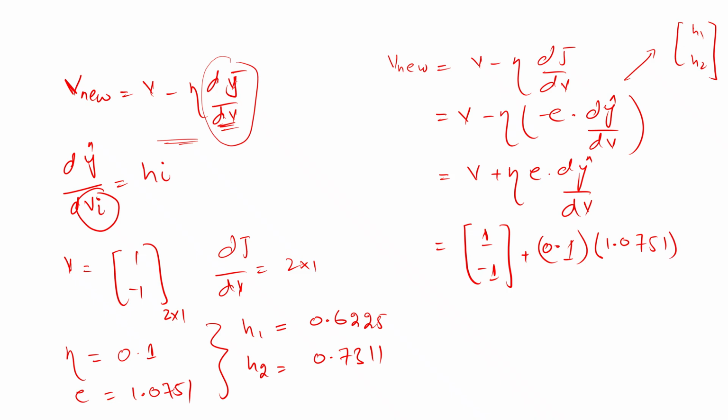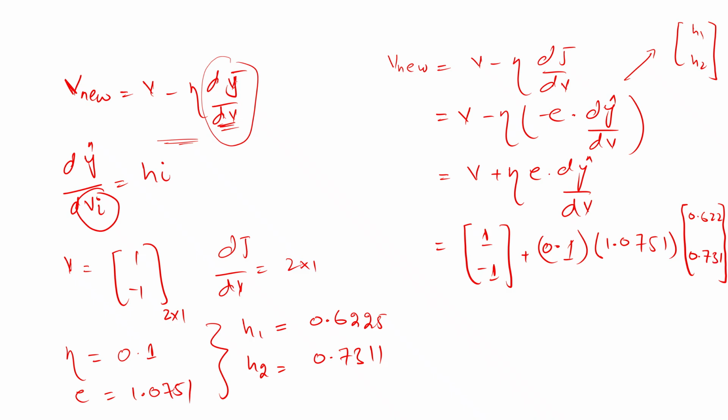1.0751, and then we have this vector of h1 and h2, which is 0.623, I will write it up to 3 decimal places, so 0.731.